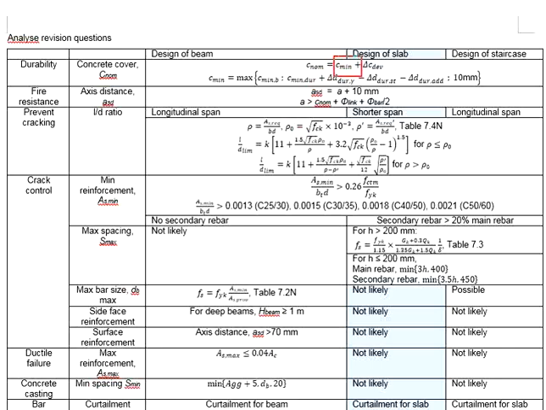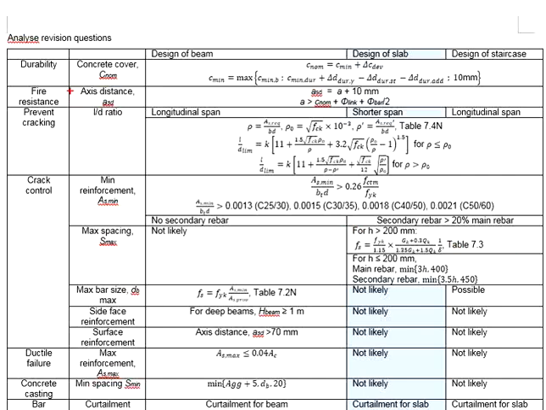The C minimum is determined by three aspects. The first one is due to the bar size. Second is due to the environmental exposure. And the third, it should be at least greater than 10 mm. For more information regarding how to design for the concrete cover, you may refer to the previous videos.